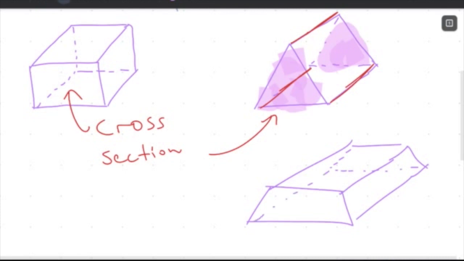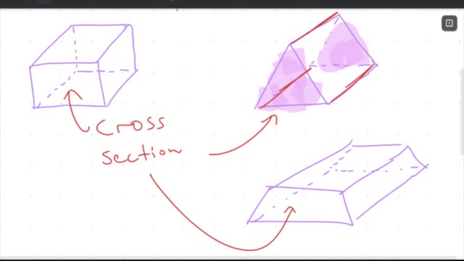So the front face and the back face are identical. That's what we require to call something a prism. And you can see all the way through, no matter where I cut this, my cross section, my face that goes all the way through my shape, is this one right here.